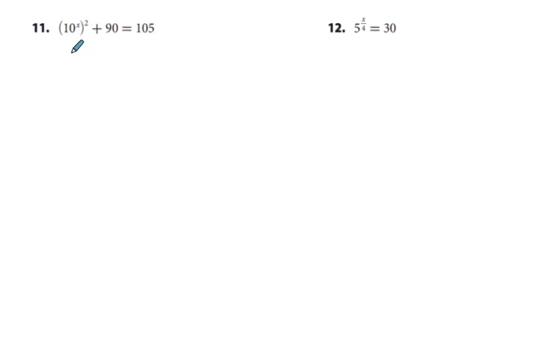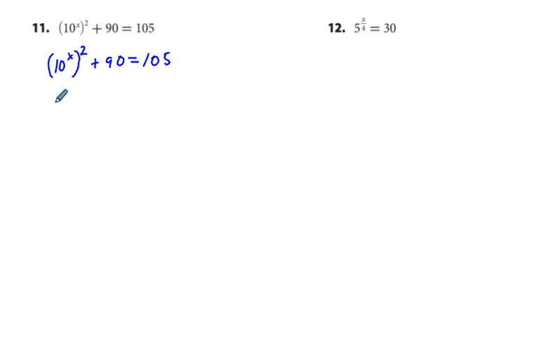Okay, we have number 11. We have 10 to the power of x squared plus 90 is equal to 105. I'm going to do two things at once here just to be economical.